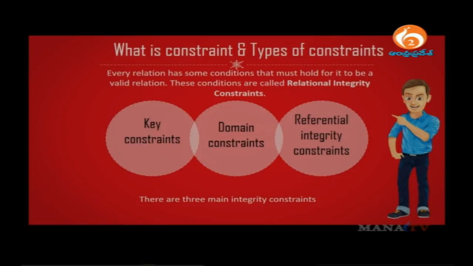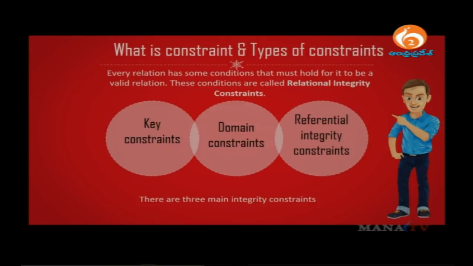Every relation has some conditions, which is what I was explaining last day, that must hold for it to be a valid relation, and these conditions are called relational integrity constraints. Very important thing.